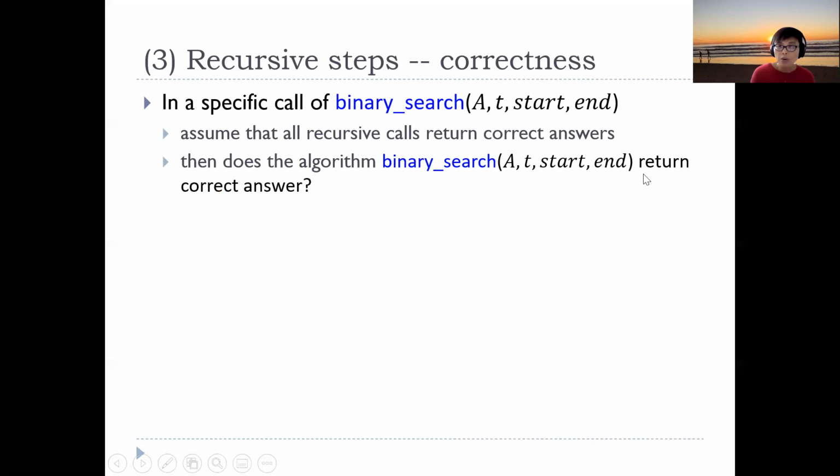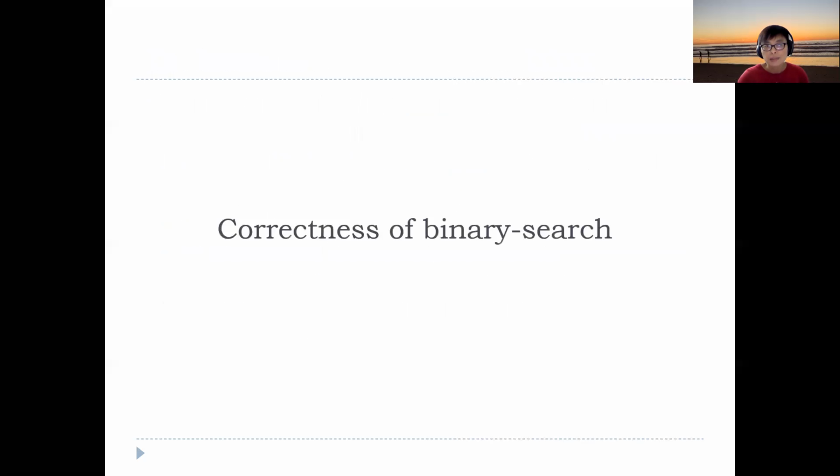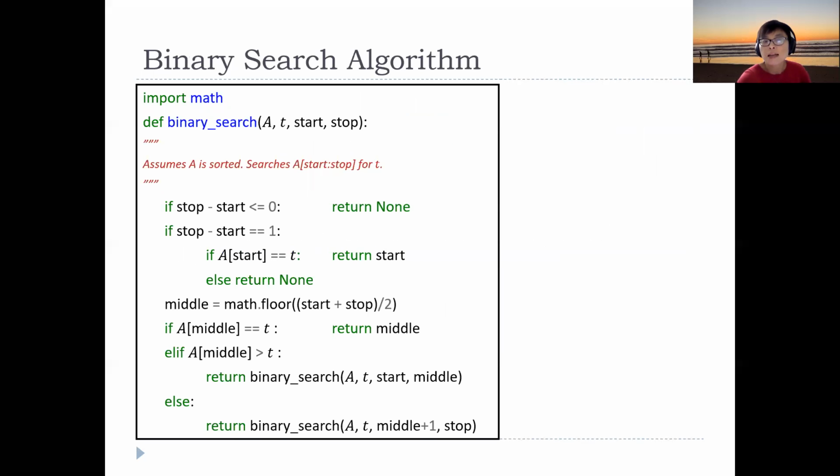For the binary search problem, by design, whichever way you go, whether you go to the left or to the right, if we know that the smaller problem is guaranteed to have the correct answer, then by our design, we know that this algorithm also returns the correct answer.